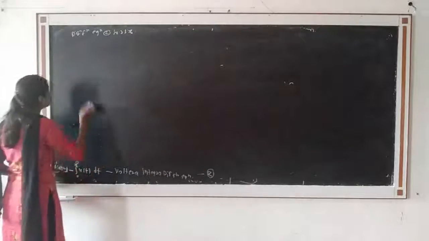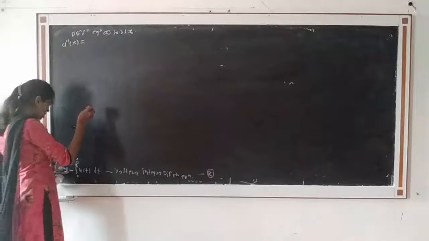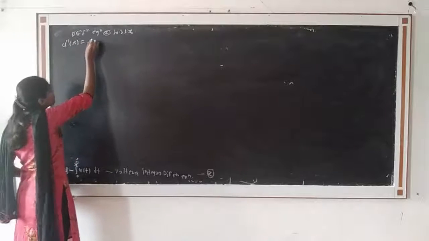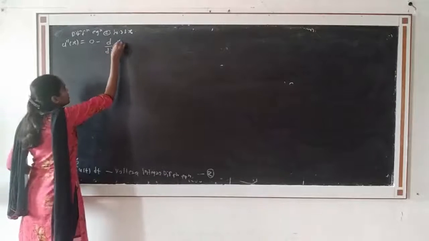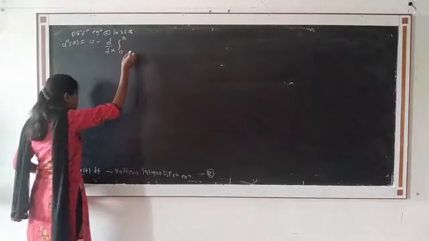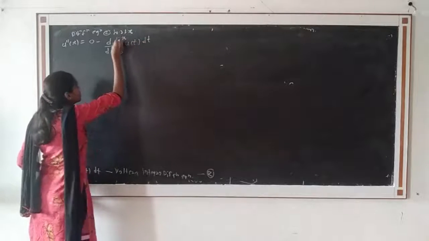On both sides we get u double dash of x is equal to, the derivative of this 1 will be 0, that is 0 minus d by dx of the integration from 0 to x of u of t dt.